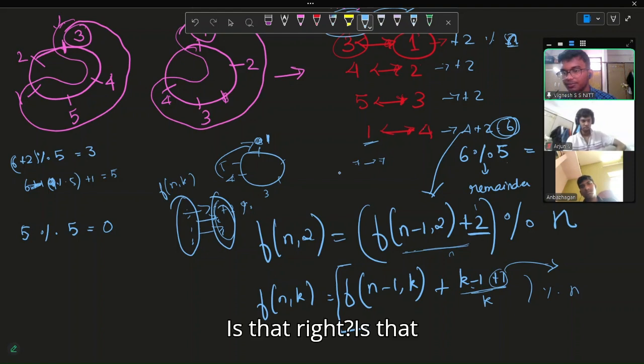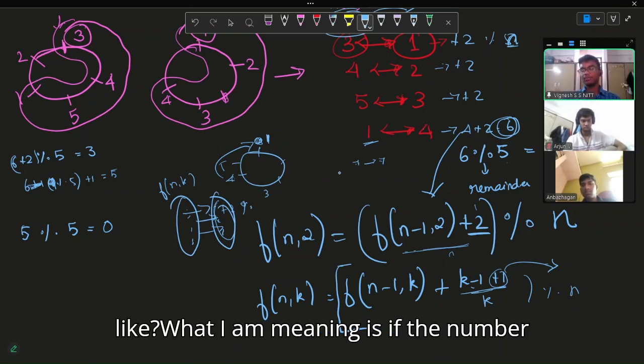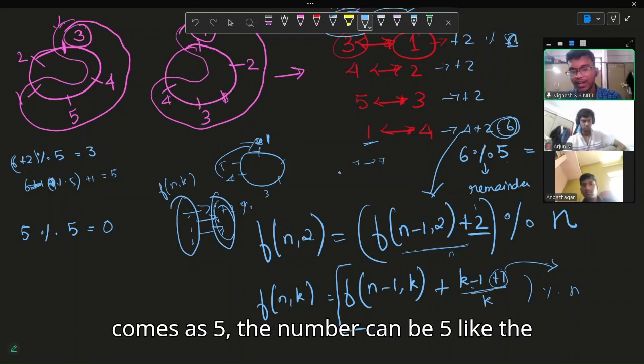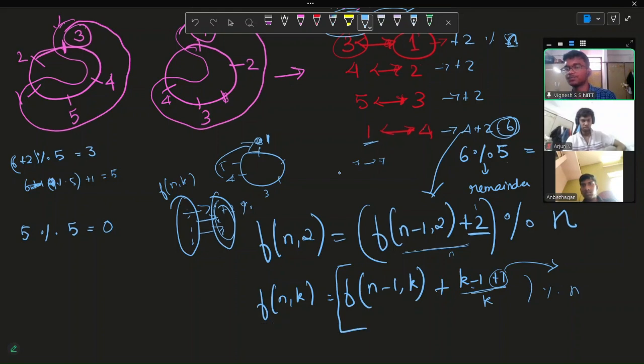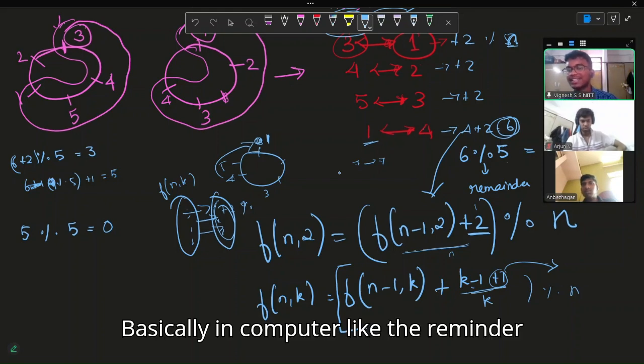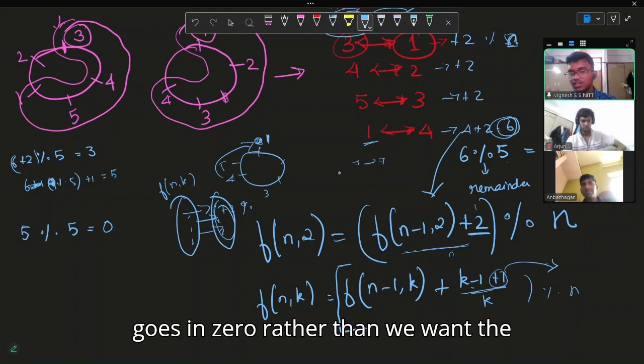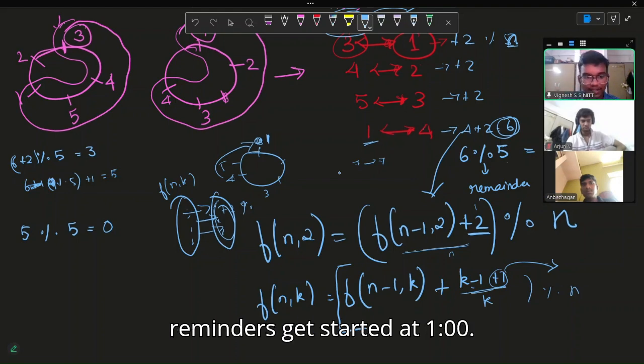Is that correct? What I mean is, if the number comes as 5, the number can move on and go to 6, not just sit at 0. Basically in computers, the remainder starts at 0, rather than we want the remainder to start at 1.